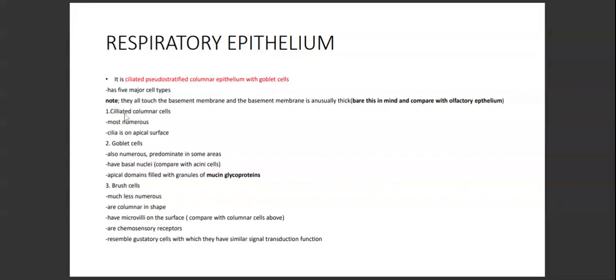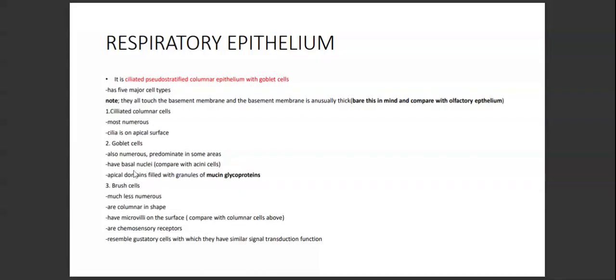Okay. The other type of cells we find there are the goblet cells. These are also numerous, but not as numerous as the ciliated columnar cells. But in some areas, you find that these cells actually predominate. They have basal nuclei.